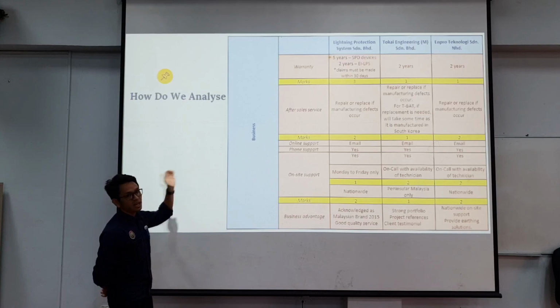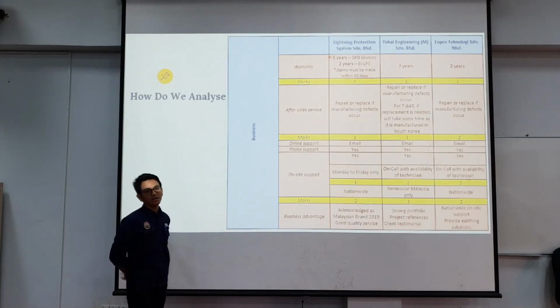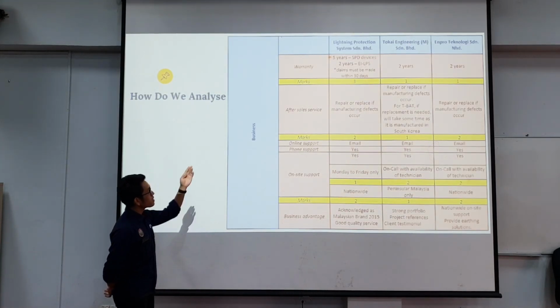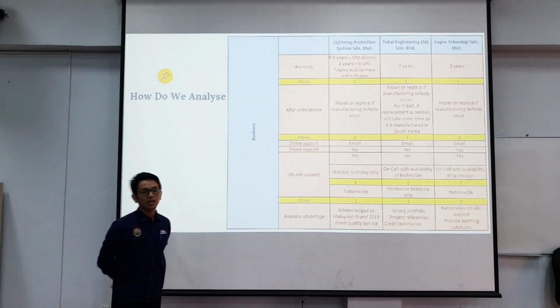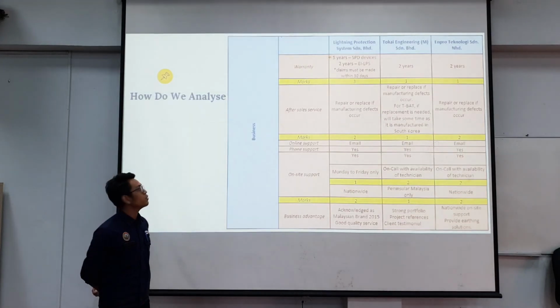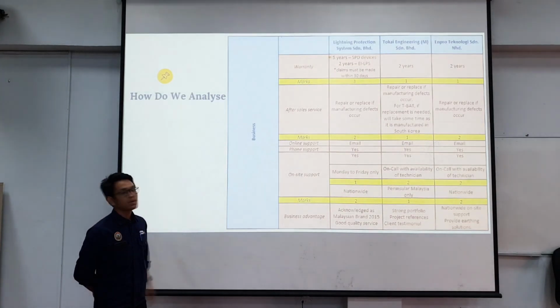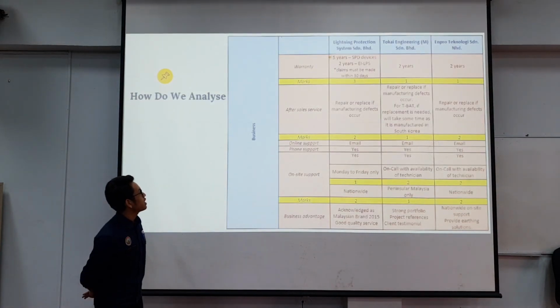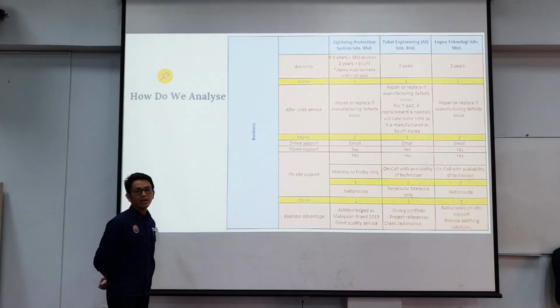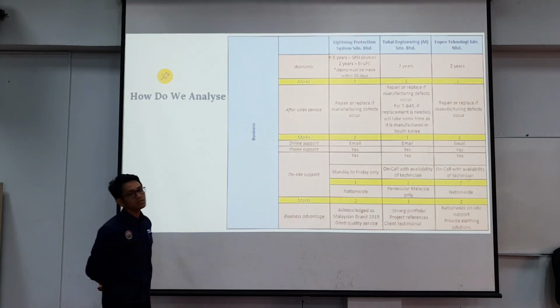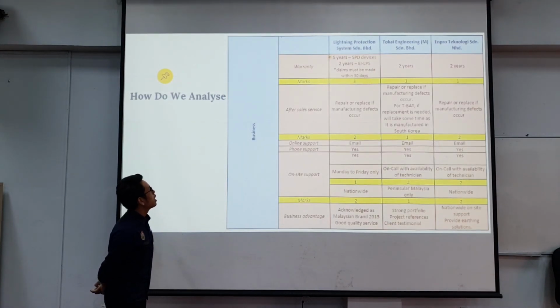So we give this company 3 marks because this company has a 5 years warranty based on SPD device. SPD we all know as a surge protection device, and 2 years for EI-LPS. EI-LPS is electrically isolated lightning protection system.